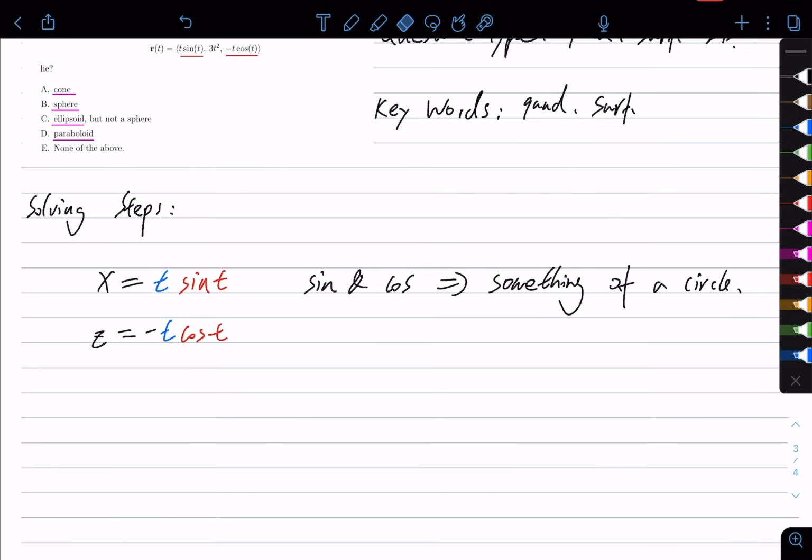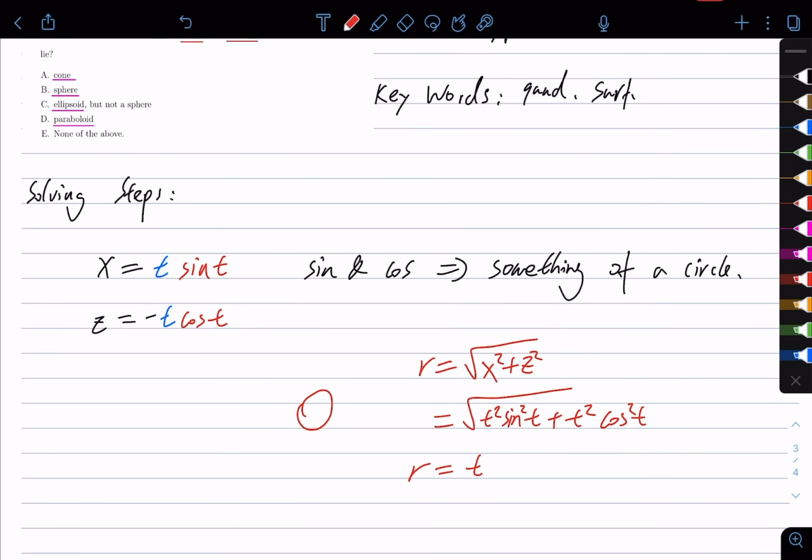So we have a circle, but the fact that you have a t, especially if we're looking at the radius, r equals x squared plus z squared in this case, that will just give us t squared plus t squared sine squared t plus t squared cosine squared t, right? This is obviously just t, right? So r equals t.